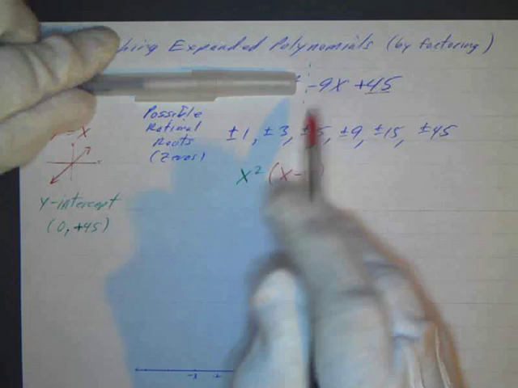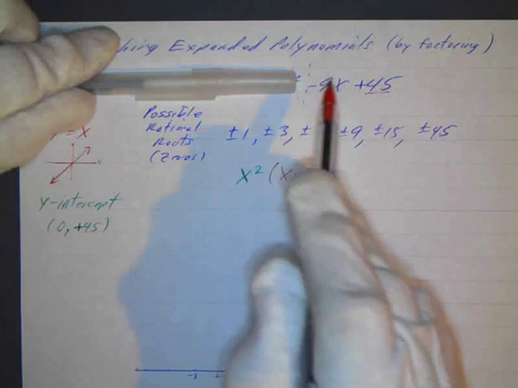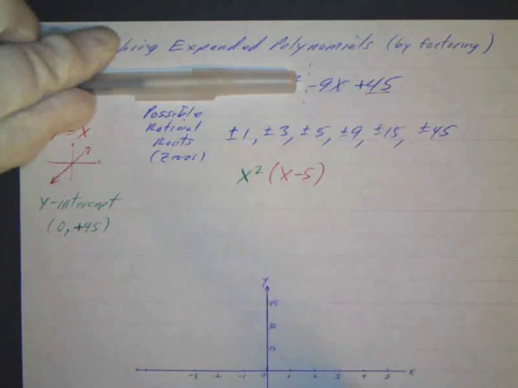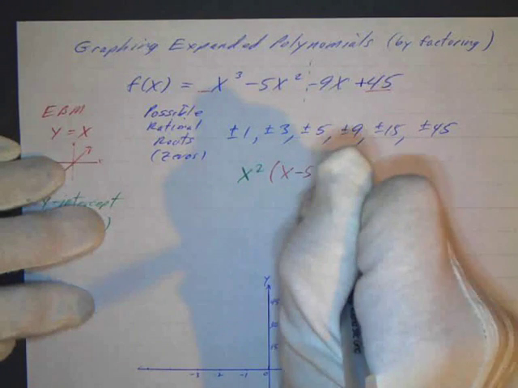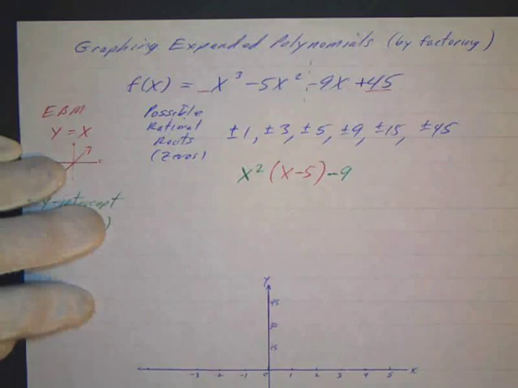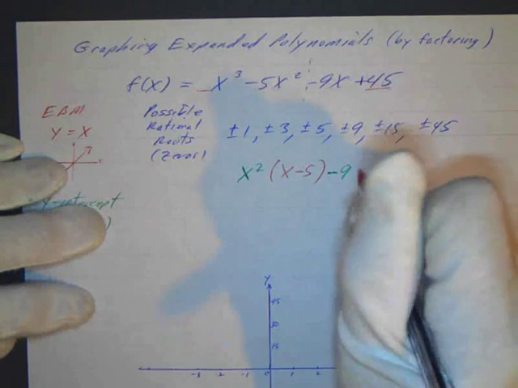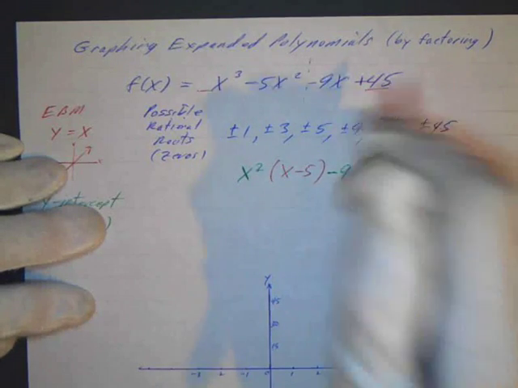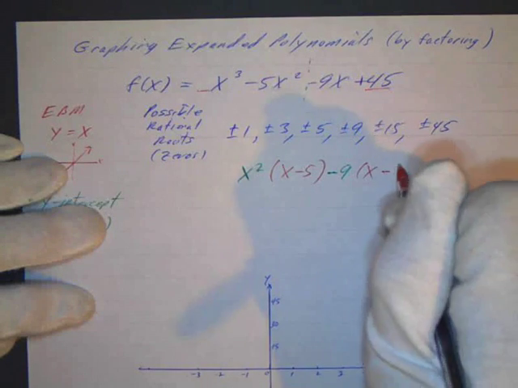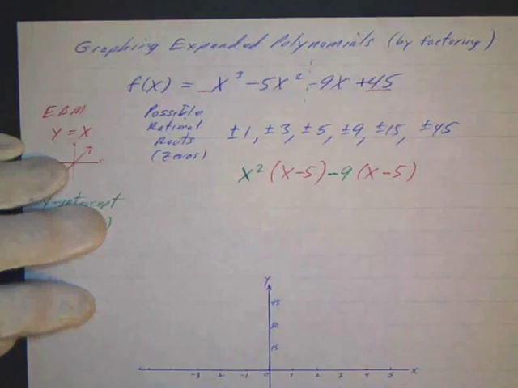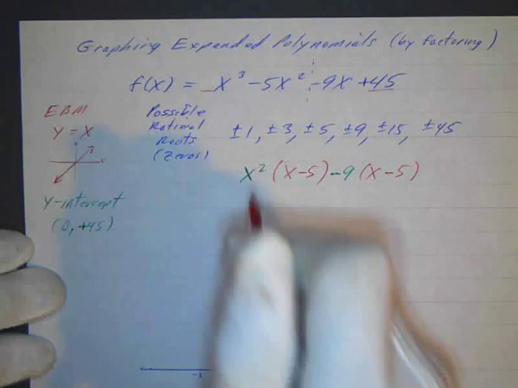Well, when we're doing 4-term grouping, we always take out the leading sign, so it's going to be a negative, and 9 goes into both those, so I'm going to factor out a negative 9. If I take a negative 9 out of that, I just have x. And if I take a negative out of positive, I have a negative, and 9 goes into 45 5 times. And now I can factor out this x minus 5.